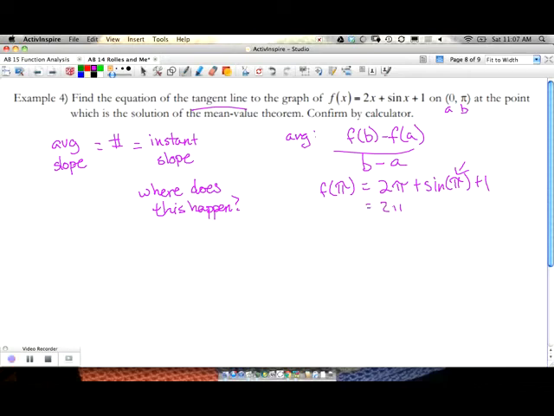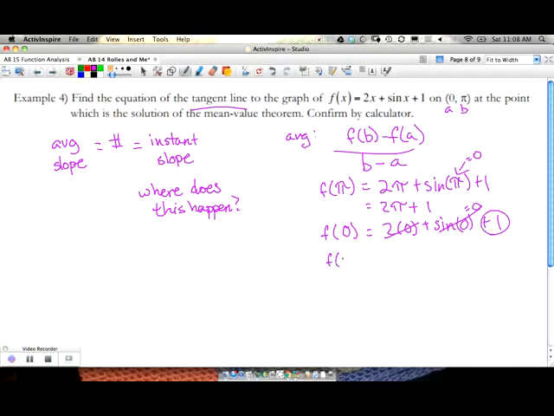So this is really just 2 pi plus 1. F of 0 is going to be 2 times 0 plus sine of 0, which is also 0, plus 1. Well, 2 times 0 is 0. Sine of 0 is 0. So that just leaves us with plus 1. So f of 0 equals 1.